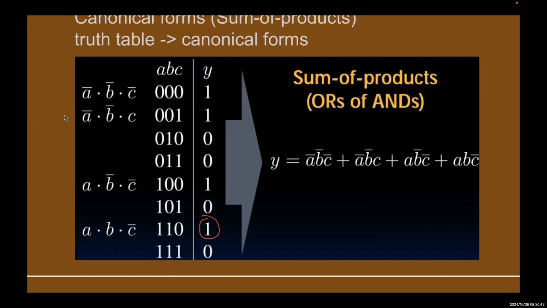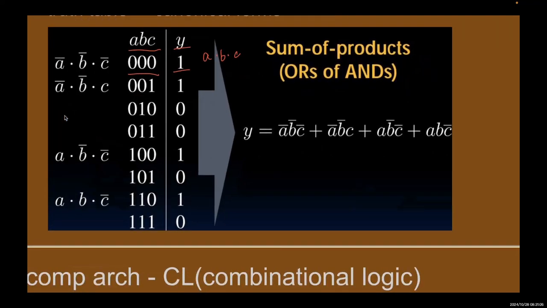Okay, so ABC get Y, and we suppose it's just A and B and C to get 1. How do you get 1 with AND? You need all the inputs to be 1, then the output is 1. So you need to flip A, flip B, flip C. So three of them are 1, then the output is 1.